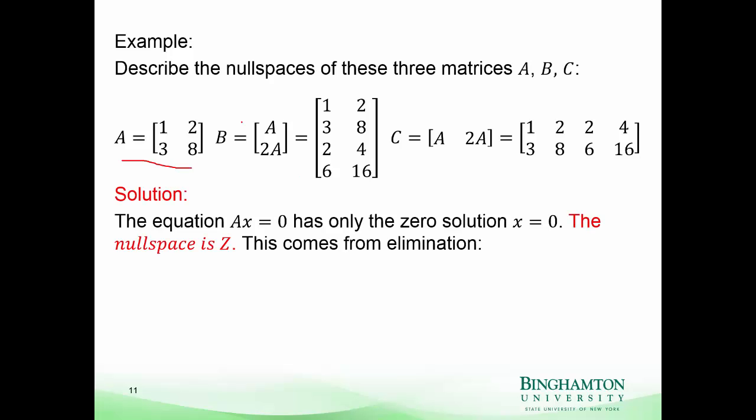Now, remember we had 1326, and we showed that this column was a multiple of 2 times the first column. But now we have 28, so clearly it's no longer a multiple. So that means these two columns viewed as two vectors in R2 don't lie on the same line. So they are linearly independent.